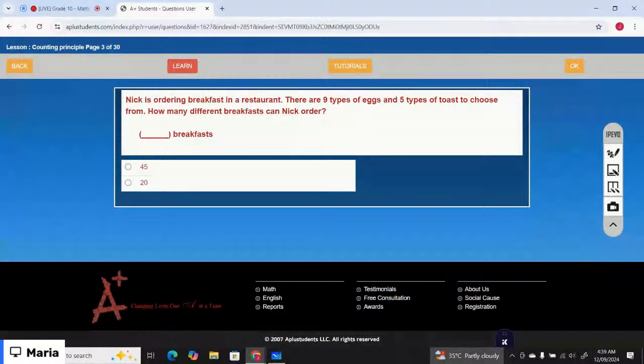The correct option is 45. Option number 1 is the correct option.